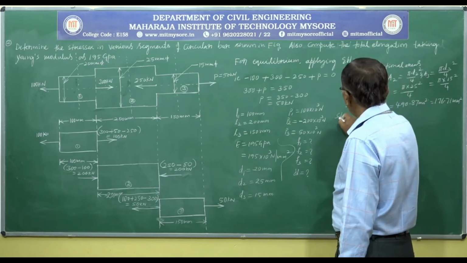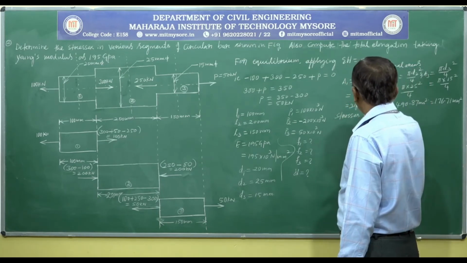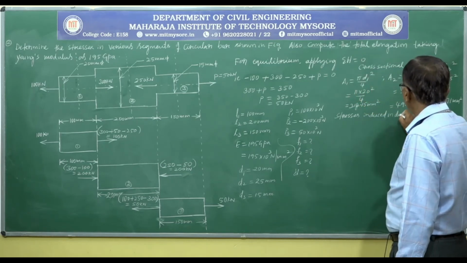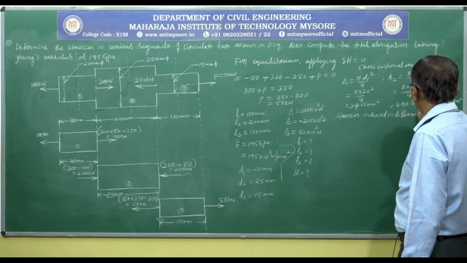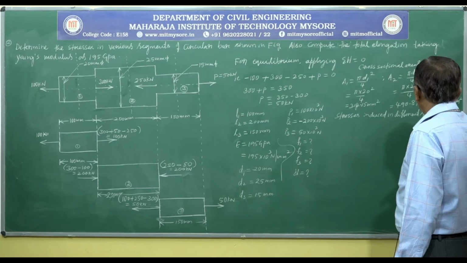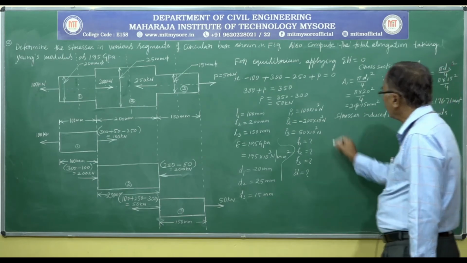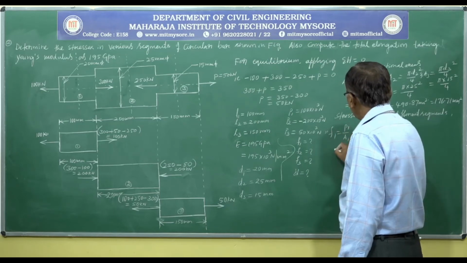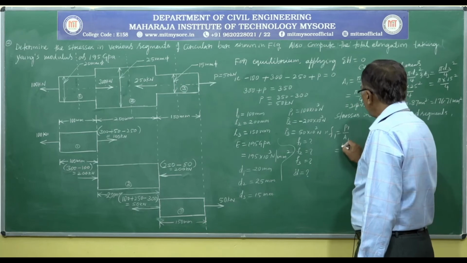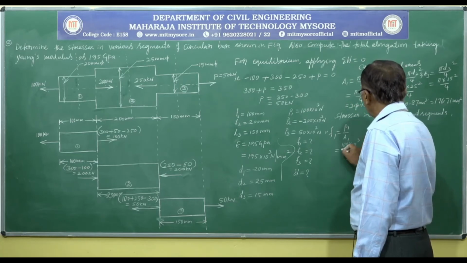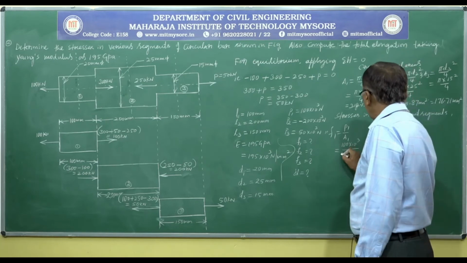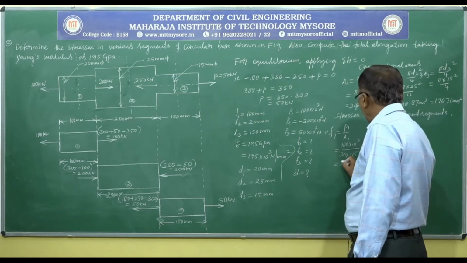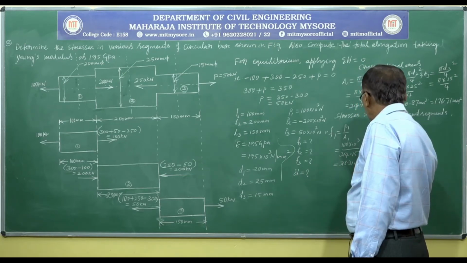Next, stresses induced in different segments, that is F1 is equal to P1 by A1, that is equal to P1 is 100 into 10 power 3 divided by A1 is 314.15, is equal to 318.31 Newton per millimeter square.